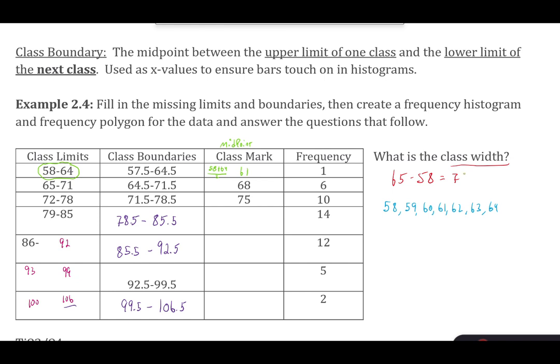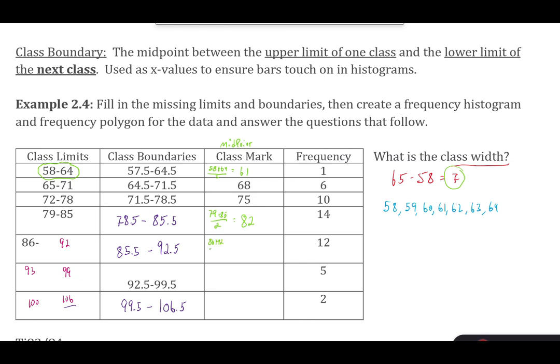Also, we can use the fact that we know that the class width is 7, so each of these differences should be 7. But just for practice, we'll do this again. 79 plus 85 divided by 2. If you do this along with me in your calculator, you'll get that the class mark is 82 for the fourth class.